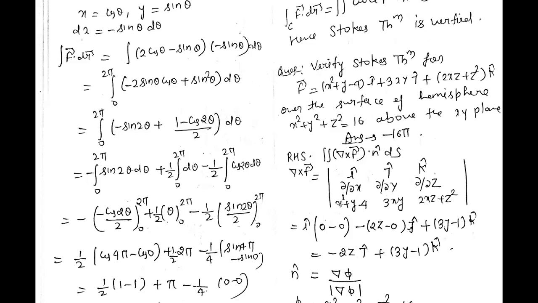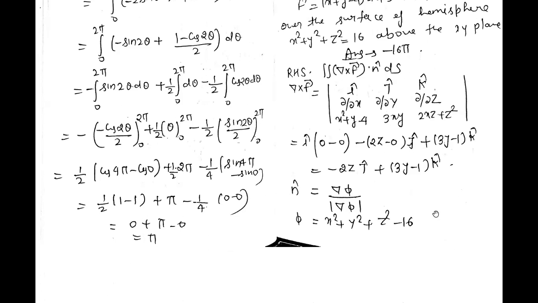So x square differentiation is 0 with respect to y, and y is minus 1 here, right? So you are getting 3y minus 1 here, right? Now, minus 2zj plus 3y minus 1 k cap, right?